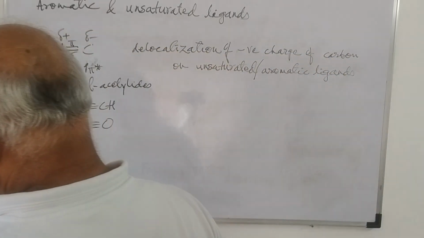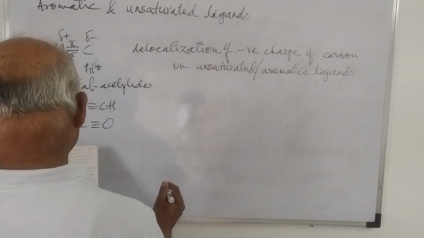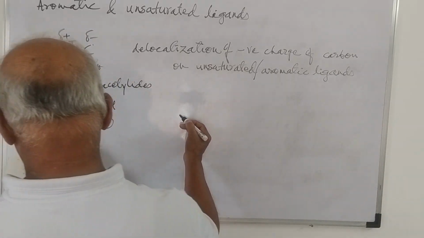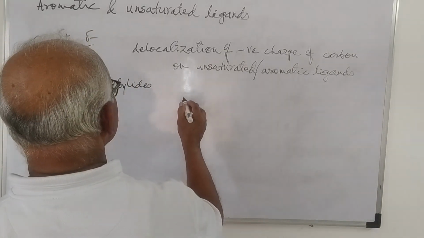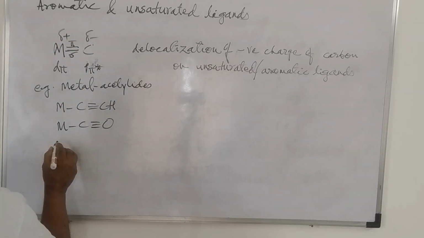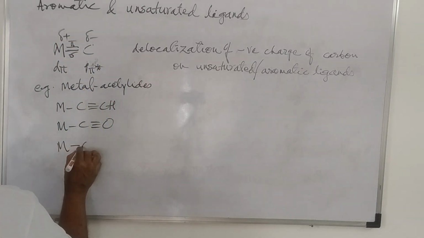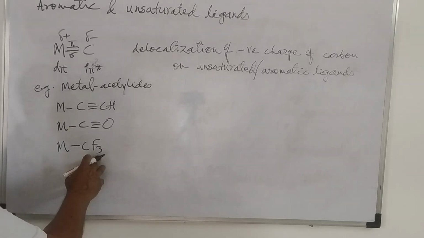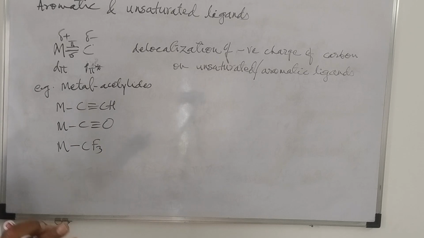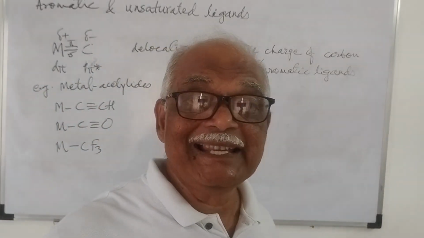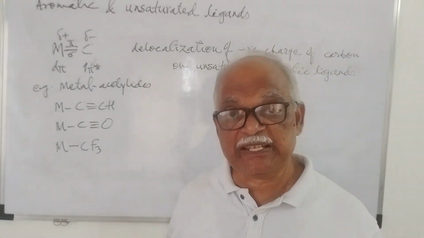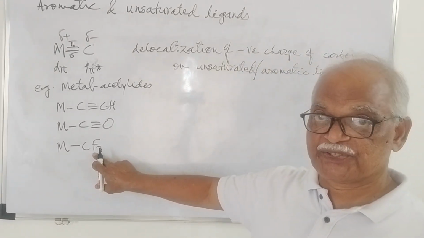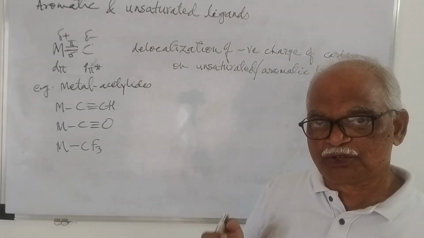Here we also find that stability is increasing in the case of ligands like CF3. You can also consider CCl3. Here F and Cl are highly electronegative elements, so they have strong electron affinity.